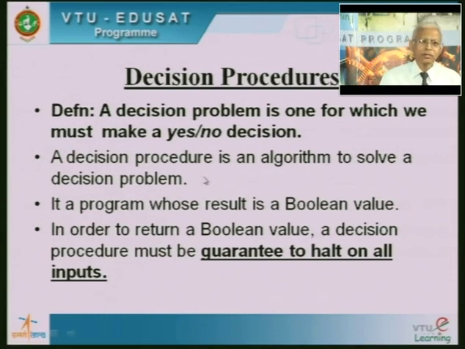So, we come to a very important concept. You can make a decision provided there is an algorithm. If there is no algorithm, no matter what kind of computer you have, what kind of language you have, what kind of facilities you have, it is of no use. First and foremost, you must have an algorithm; you must be able to compute it with paper and pencil.